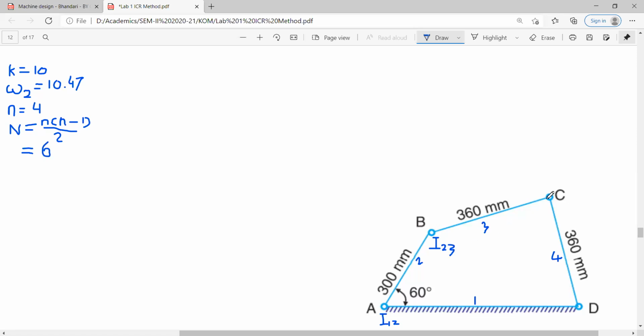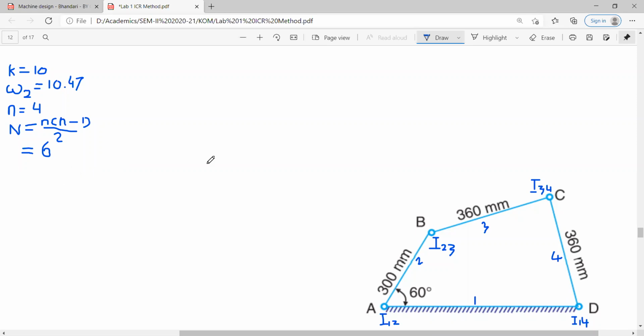Similarly, at point C, which 2 links connect? Link 3 and 4. So I will call it ICR 3, 4. And at point D, link 1 and 4 connect, so I will call this point ICR 1, 4.